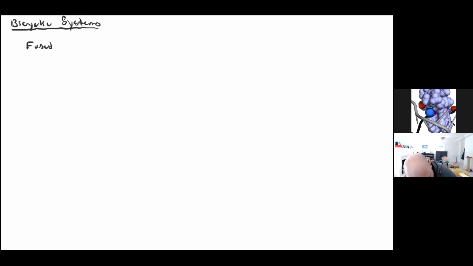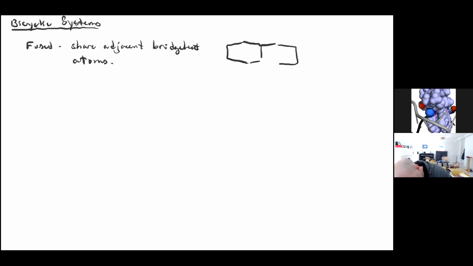ring systems that share adjacent bridgehead carbons or bridgehead atoms. So an example would be this ring system here. We call the carbons that I've circled in green here bridgehead carbons or bridgehead atoms.